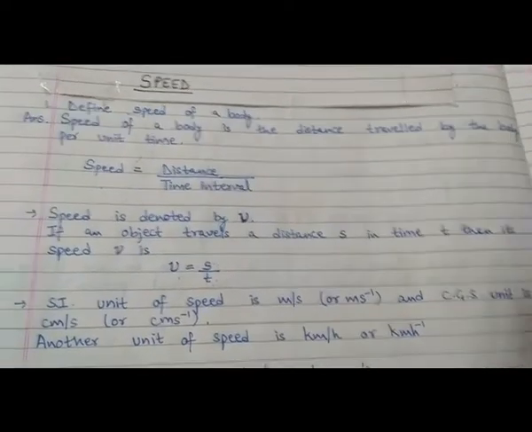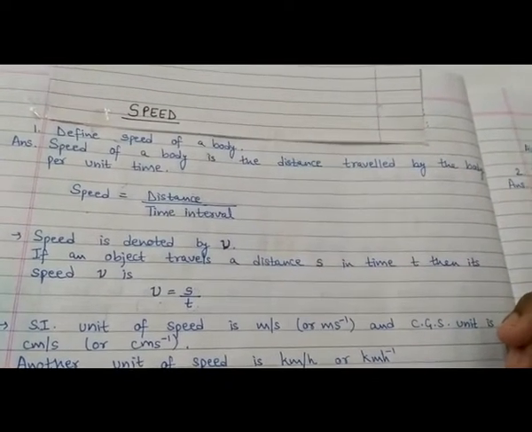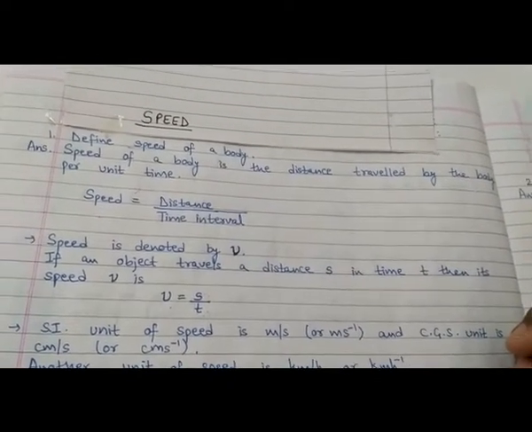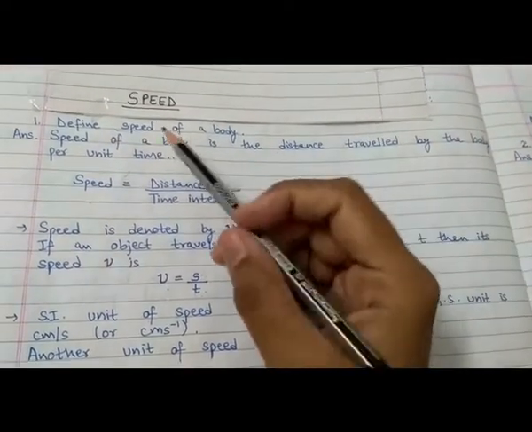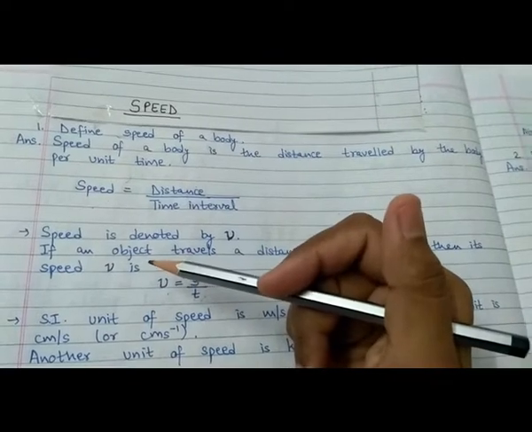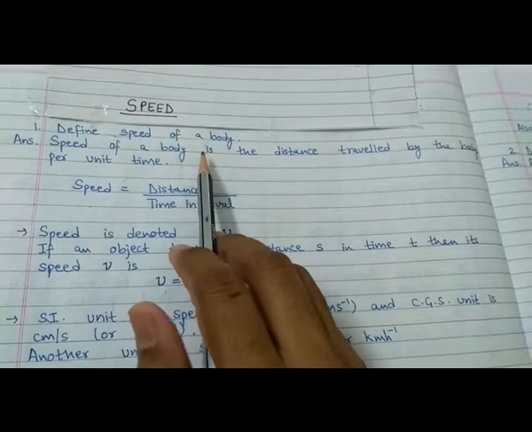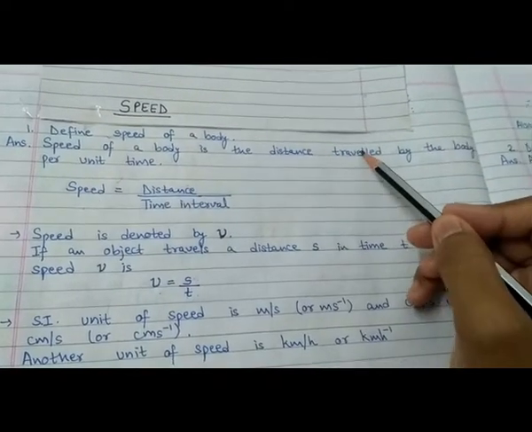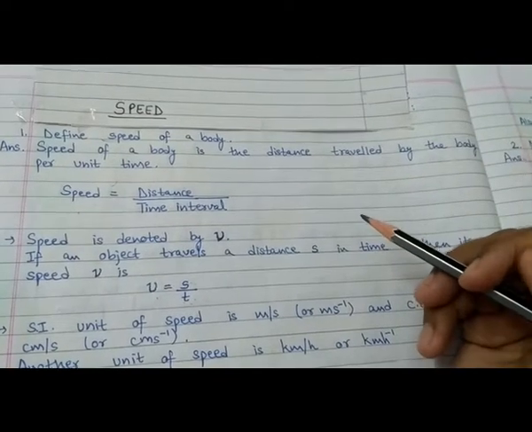If the body is moving, then how do we decide how fast the body is moving? It will be decided by a quantity known as speed of a body. So what is speed of a body? Speed of a body is the distance traveled by the body per unit time. What does this mean?